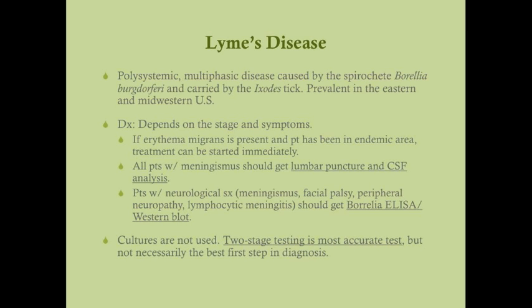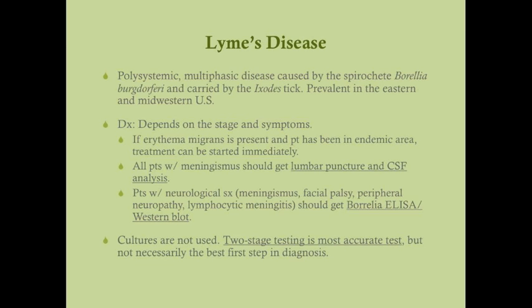So any patient with neurological symptoms or meningismus that winds up showing lymphocytic meningitis is going to get a Borrelia ELISA and Western blot. And Borrelia ELISA and Western blot is the most accurate test for Lyme's disease, but it is expensive, so we prefer not to do it right away.